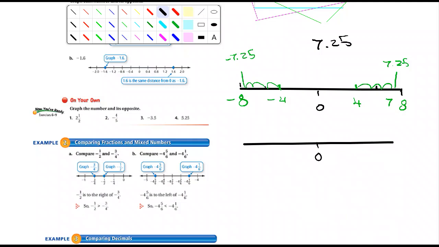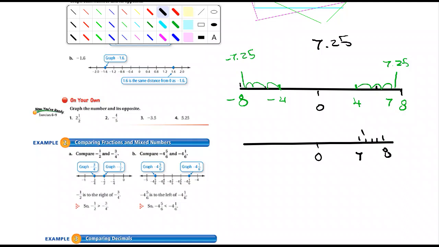So I was thinking 7.25. This wouldn't be quite to scale, but I think I would just put a 7 here, and then maybe an 8 here, and then divide this into quarters: 7.25, 7.5, 7.75, and divide it into quarters that way.